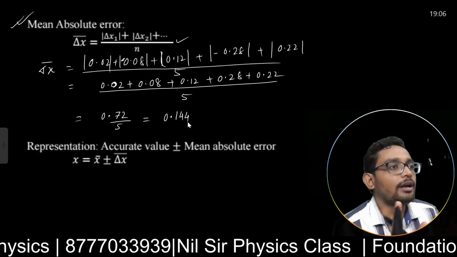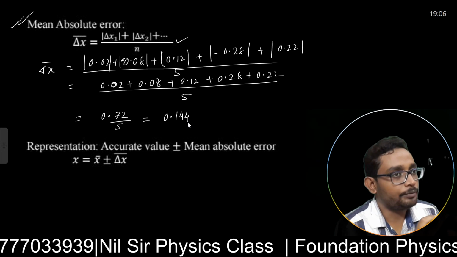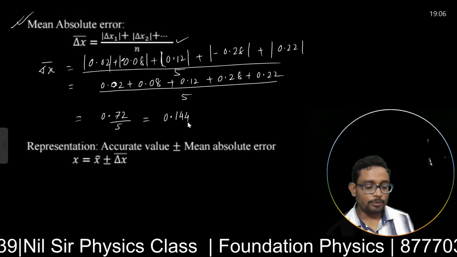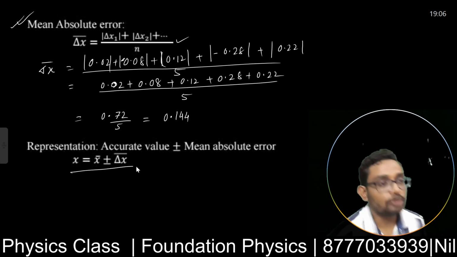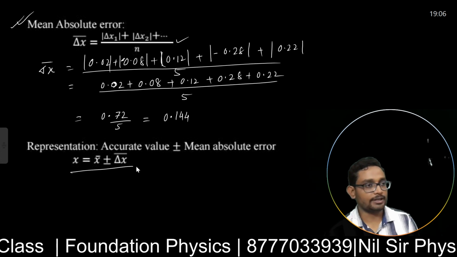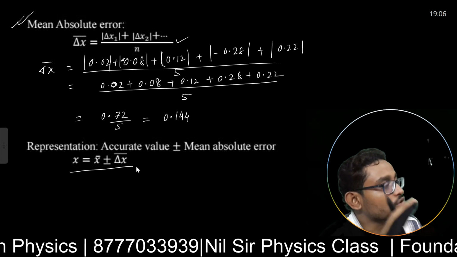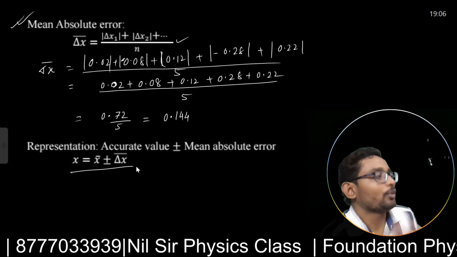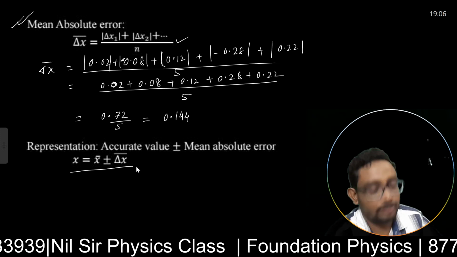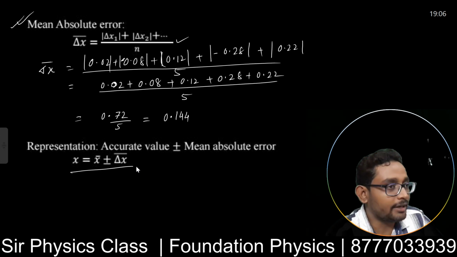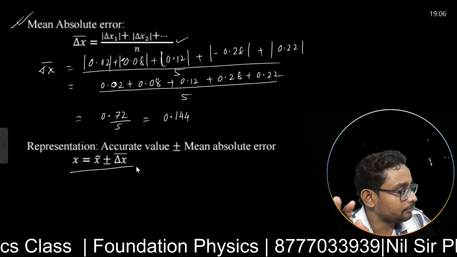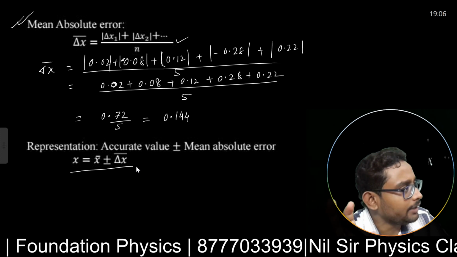You have to take the absolute value, and then it will be plus or minus error. The instrument can show a positive error or a negative error. The question is how we are going to answer this, because of vernier calipers and slide calipers. Why positive error and why negative?